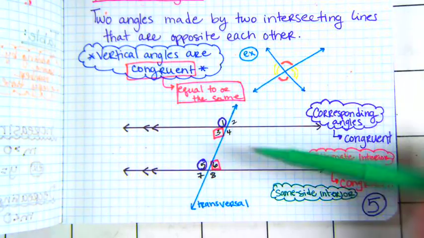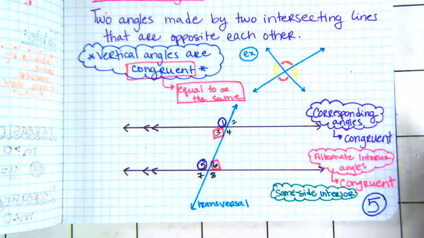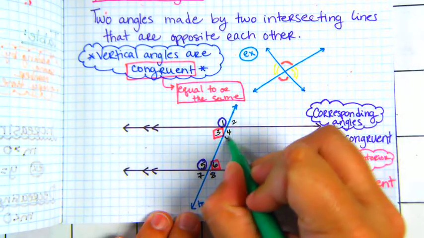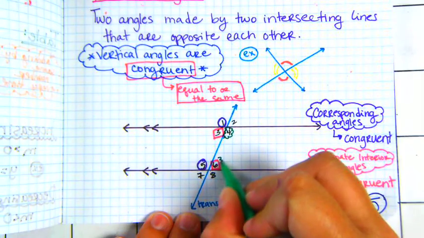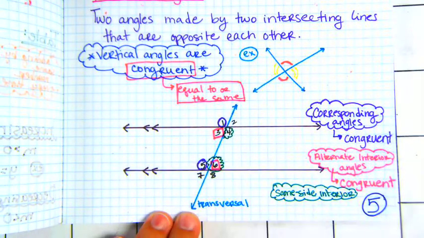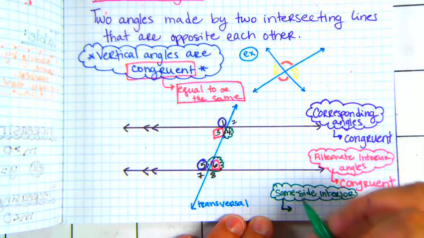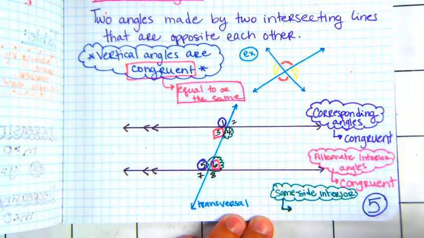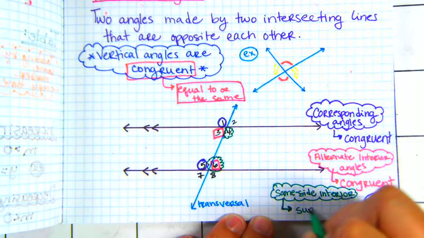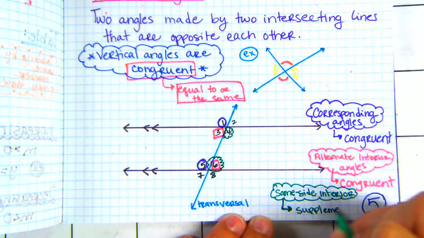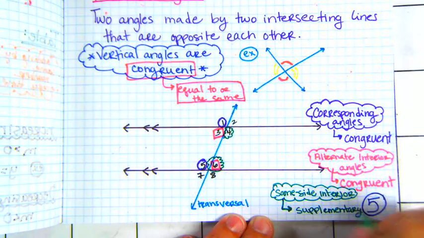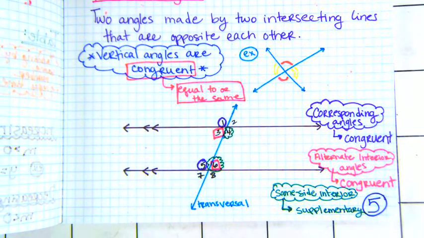So again, on the interior, on the same side, so that could be 4 and 6. Those are not necessarily congruent, but they are supplementary. And if you don't remember what that means, you can take a look up at the top of your page because it does define what supplementary are.